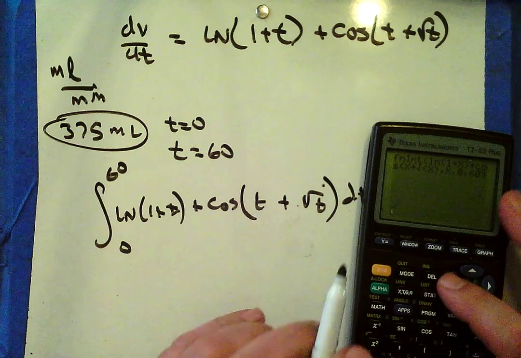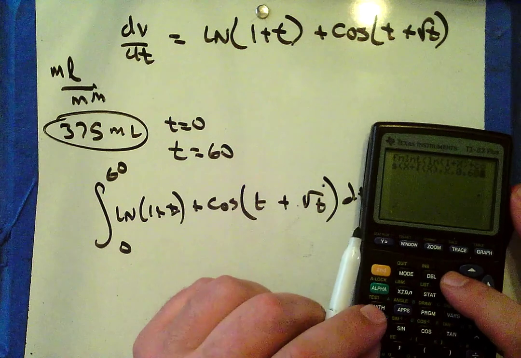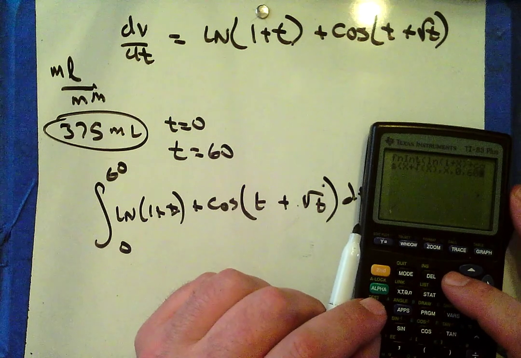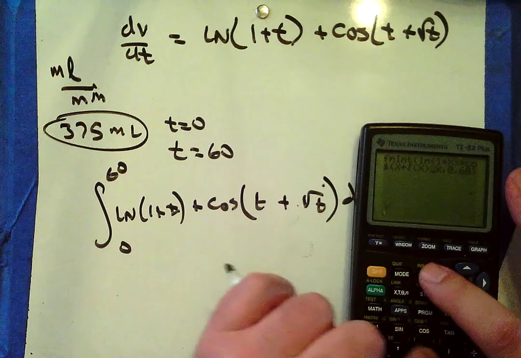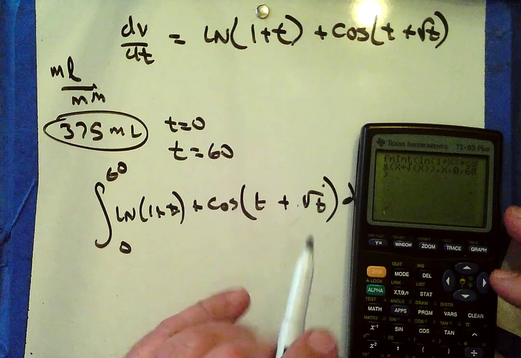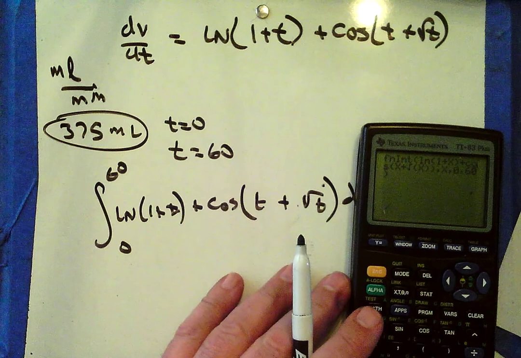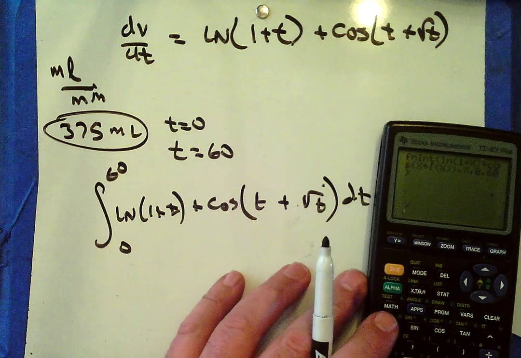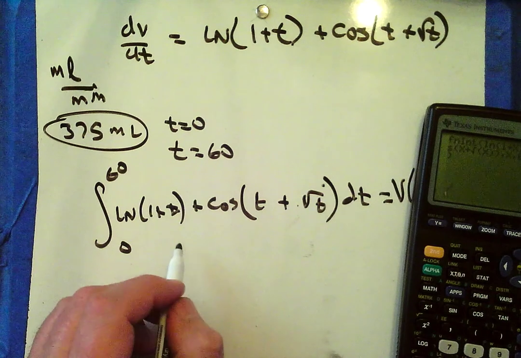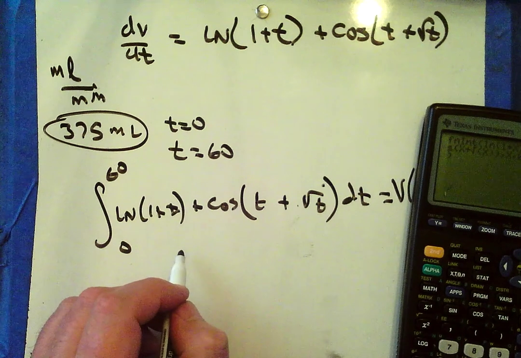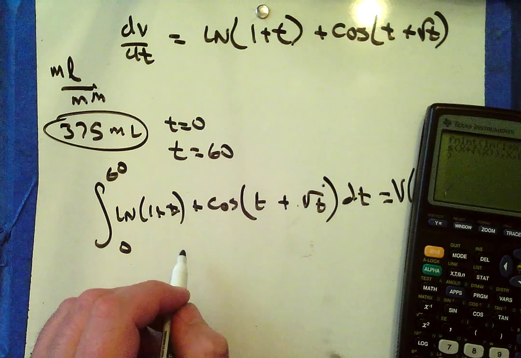Oh, look, it doesn't like my argument. Did I leave out a parenthesis somewhere? Yes, I did. Right here. Closing the cosine. Okay. Don't forget to add the 375. Yes, 375. And so I end up with, are you calculating it?